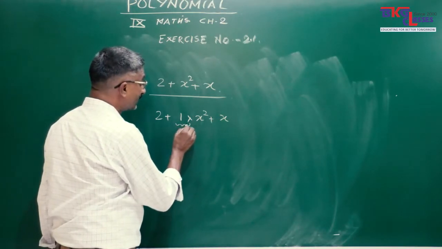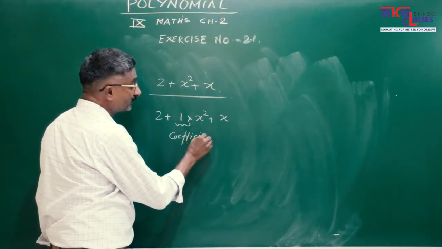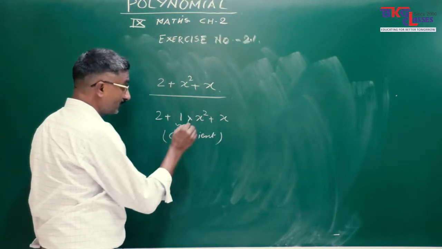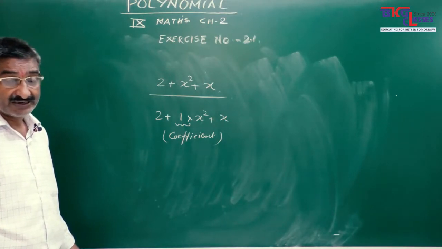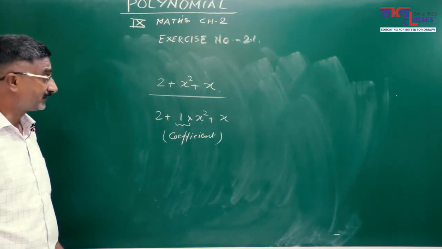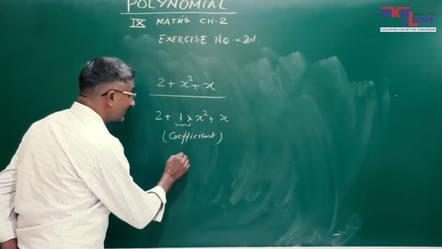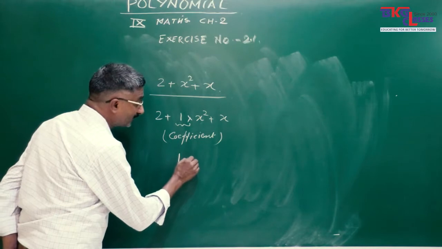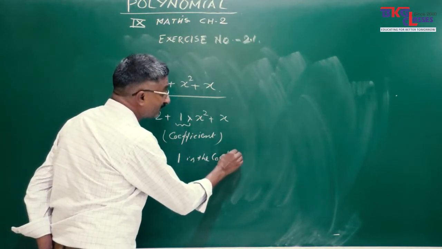This 1 is the coefficient. That is the constant which is multiplied with the variable term is called the coefficient. So, 1 is the coefficient of x square.